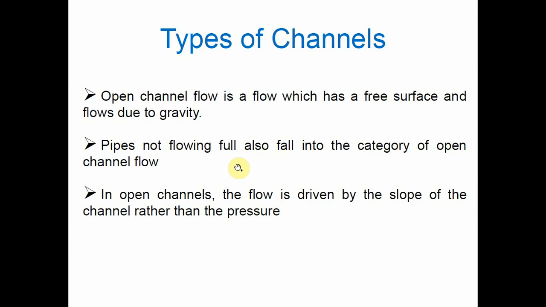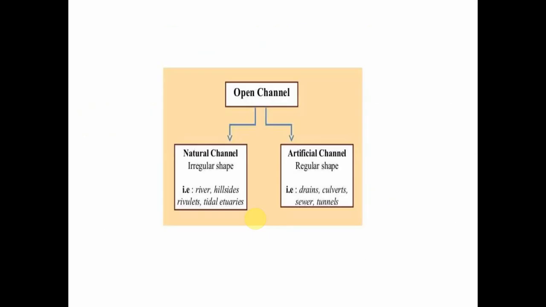Thus, pipes not flowing fully also fall into the category of open channel flow. In open channels, the flow is driven by the slope of the channel rather than the pressure. So open channel has two types.